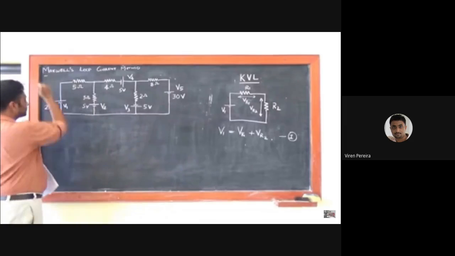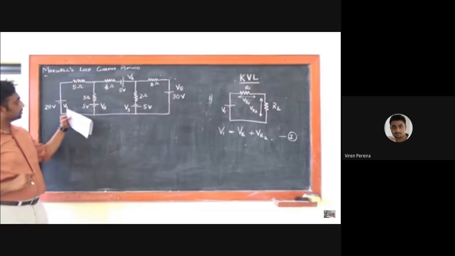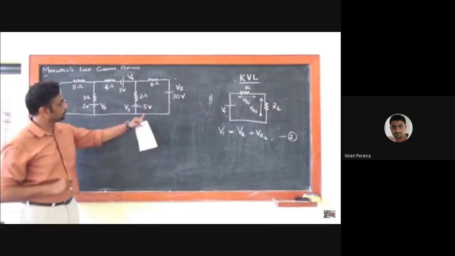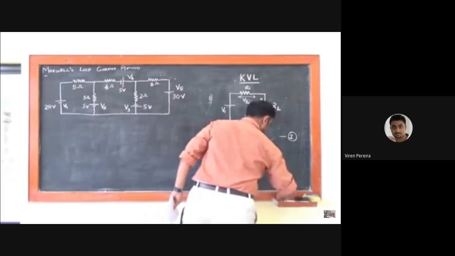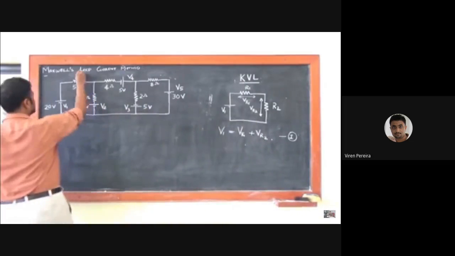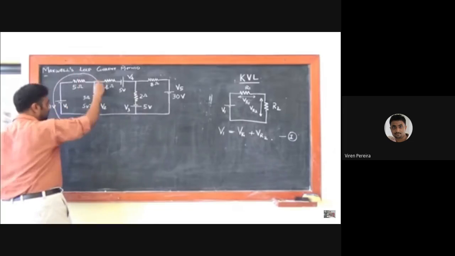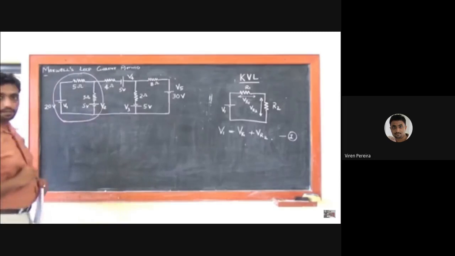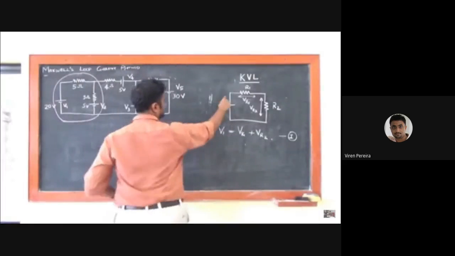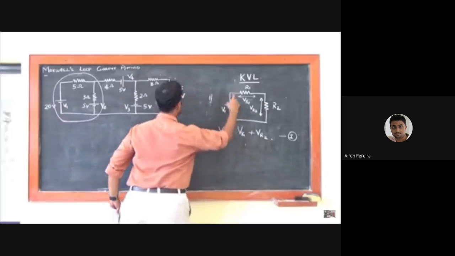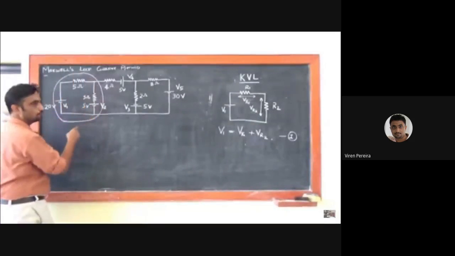So first thing in Maxwell's method: for this problem, we have totally 3 loops, loop 1, loop 2 and loop 3. So we will underline these loops. I highlighted this as loop 1. As you see here, there is a loop formation. Same way, there is a loop formation. So this is taken as loop 1.